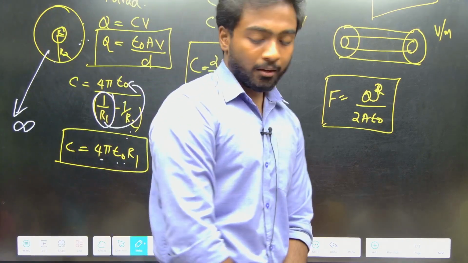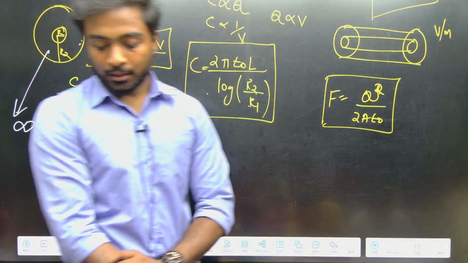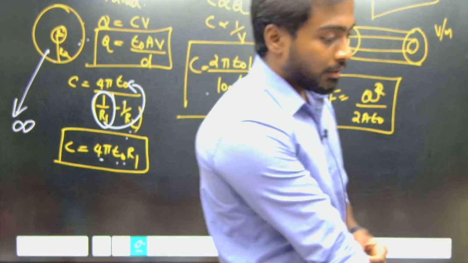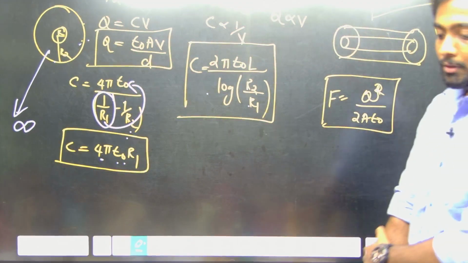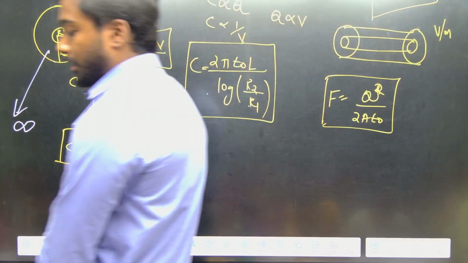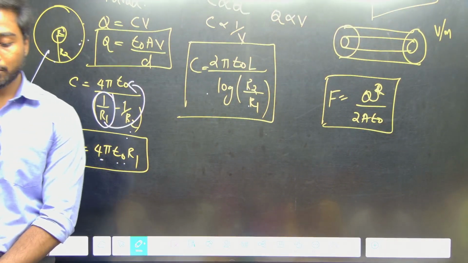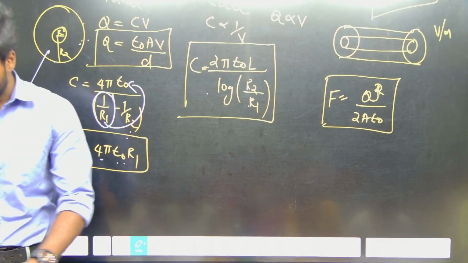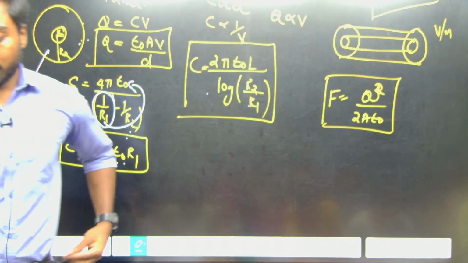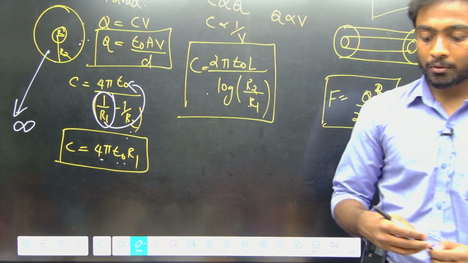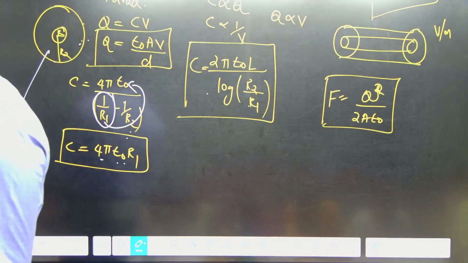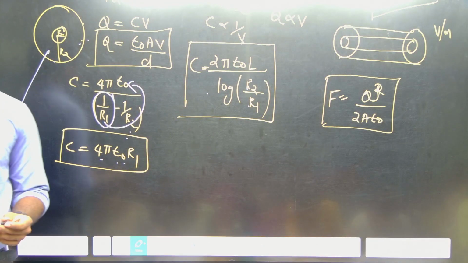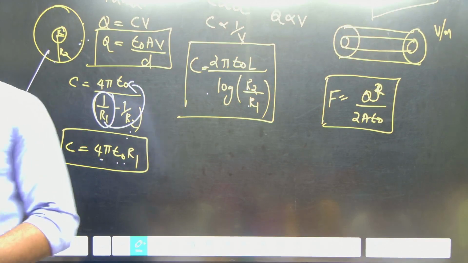If the charge on each plate is 1 microcoulomb, then the force on each plate will be. Okay, try this one, get the answer.